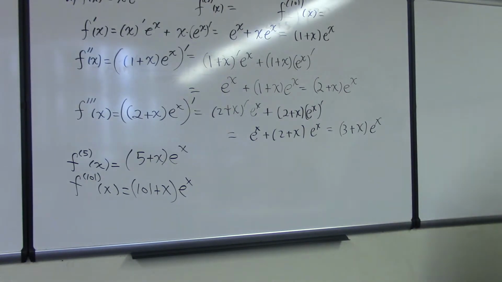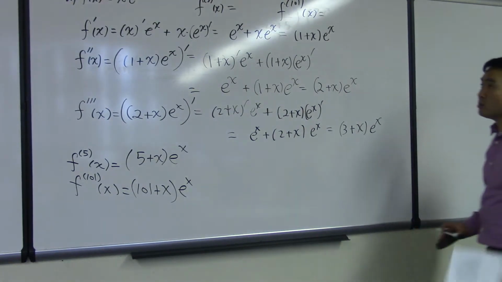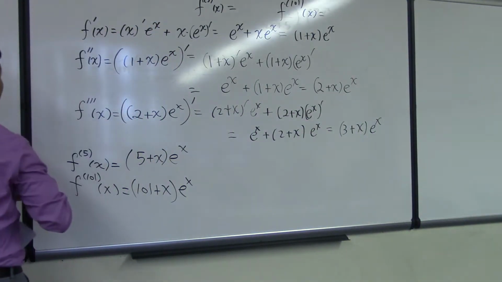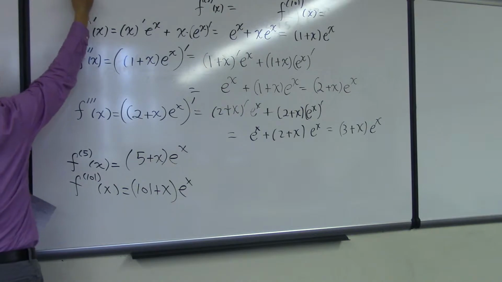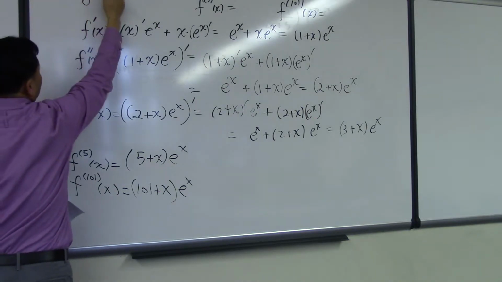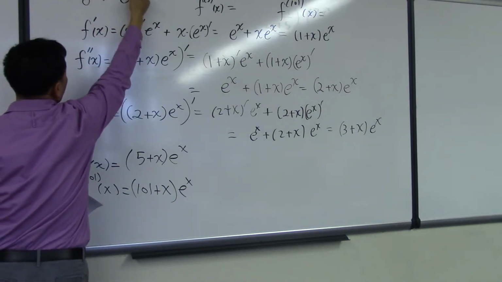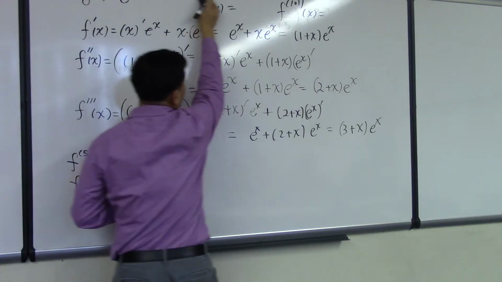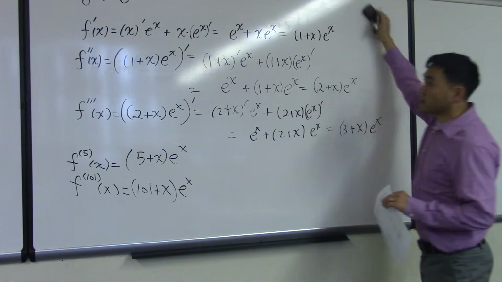Now let's try the second one. The second one has e to the 2x in there. G of x equals e to the 2x. And again, the question is to find the fifth and 101st derivative.